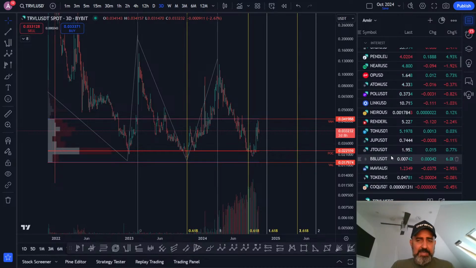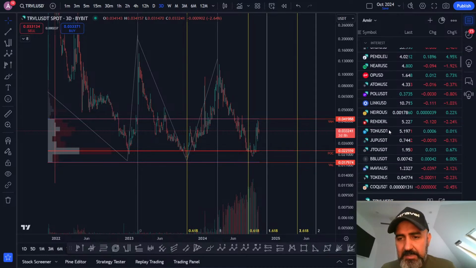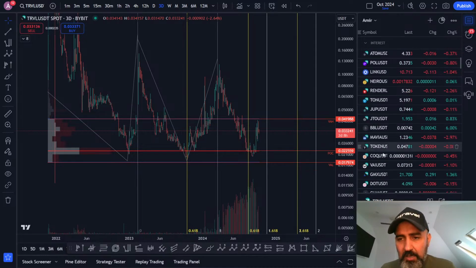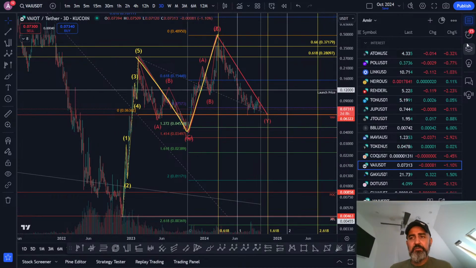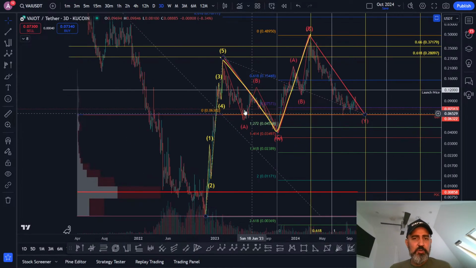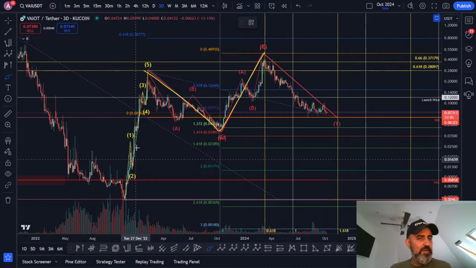But in terms of the count, I have no idea. I just think that we're still not impulsing, and this whole thing is corrective. Whatever happens, I think this whole thing is corrective. The reason why is because look at this impulse. Look how crazy that was.